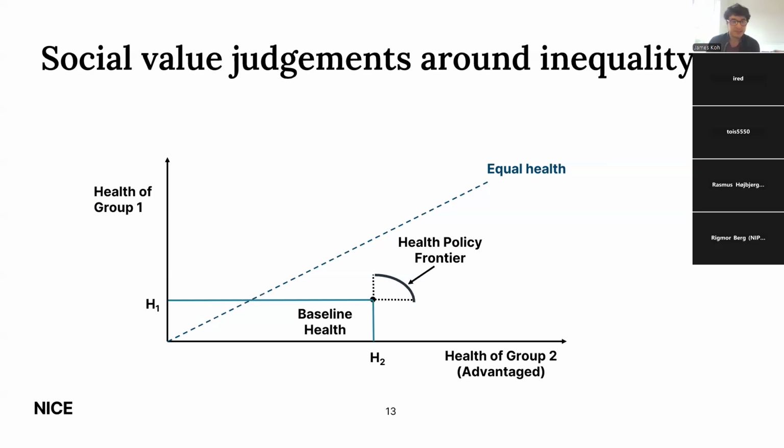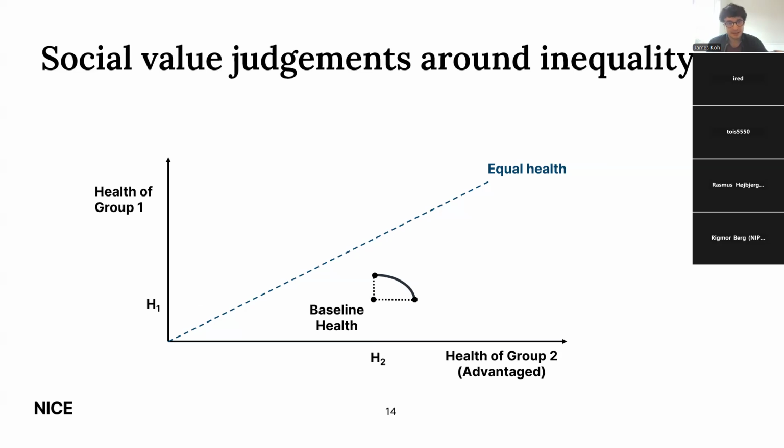And we have a health policy frontier. So we've got a bunch of extra money that we can use to implement policies that could create any combination of outcomes of H1 and H2 that sit on this curved line here. And the way that might translate is like this.